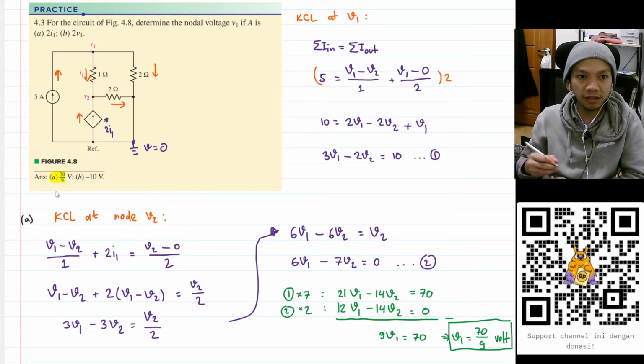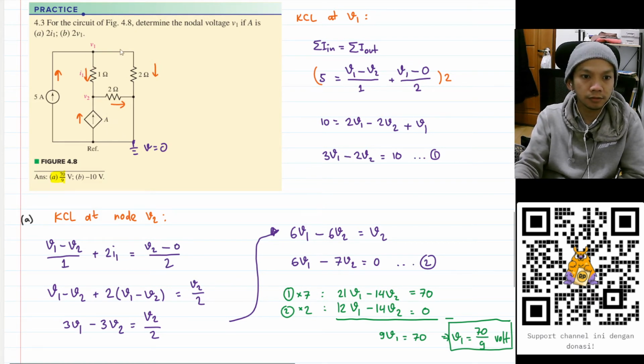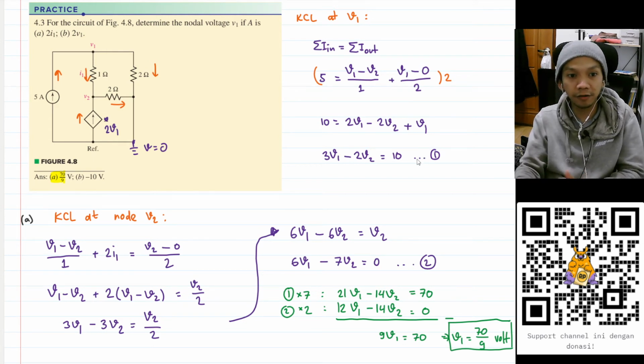But for B, we need to change this into 2V1. Let's change this into 2V1. We can still use equation number 1 because it does not change.